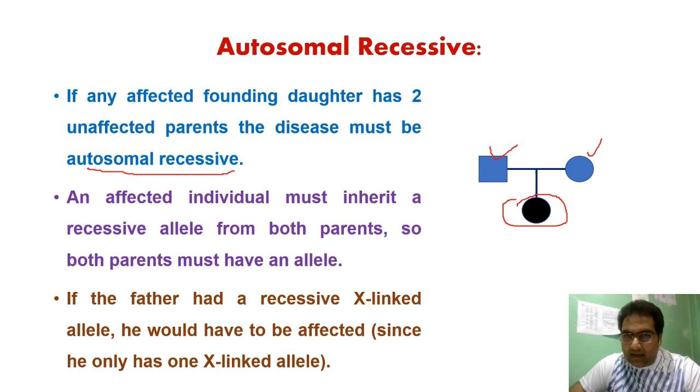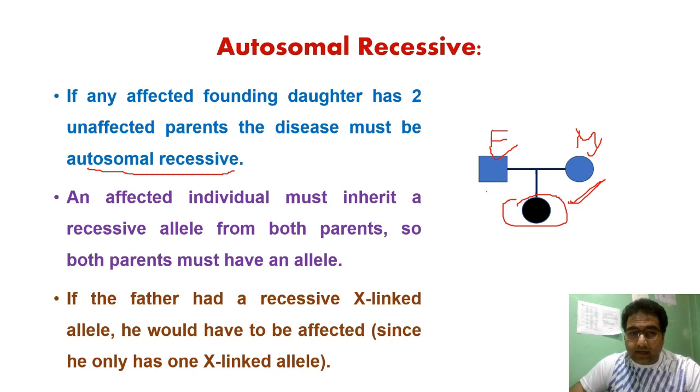So this daughter has one recessive allele from the father and one from the mother, because they both are carriers and both have a recessive allele for the same disease. When both alleles came together, the daughter was diseased.